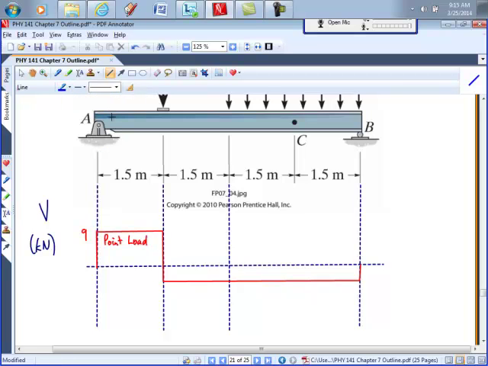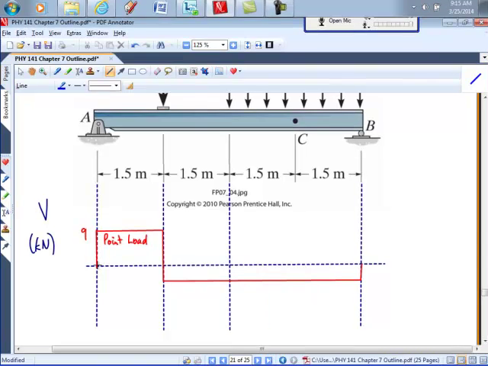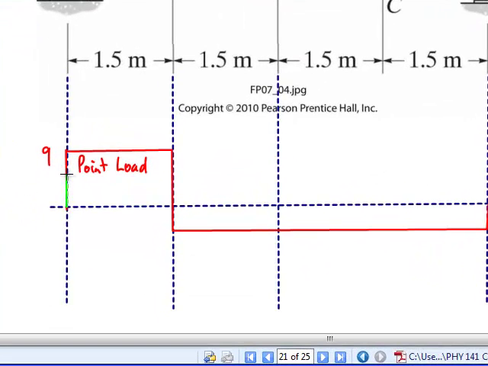Well, actually, it starts at 0 and then jumps instantly to 6.75. I should have written that point load right.